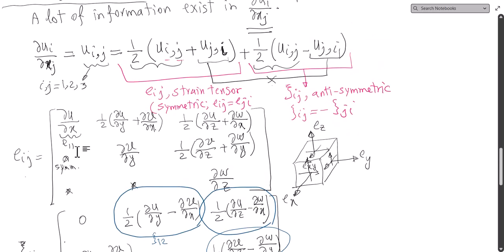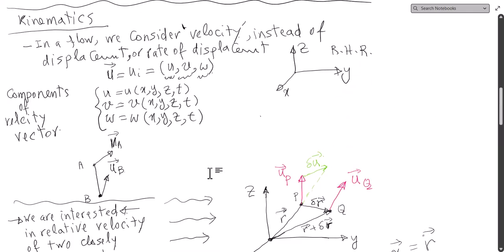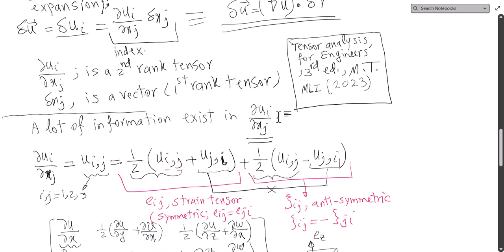Let's expand this part here. If I take the strain tensor, the diagonal, you get du/dx, dv/dy, and dw/dz, and again u, v, w are the components of the velocity vector in our coordinate system.